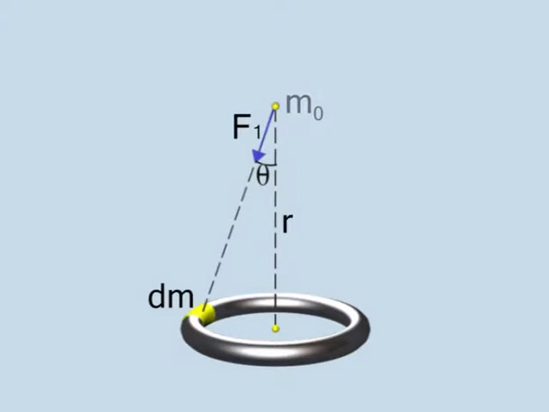This force will have components along the x-axis and y-axis as Fx1 and Fy1. Similarly, we have the components of force due to the opposite small section as Fx2 and Fy2.